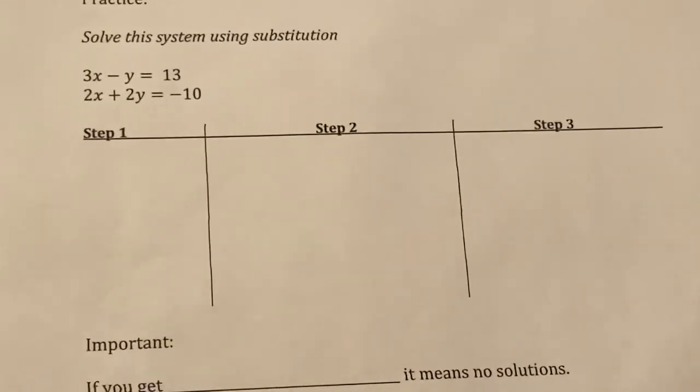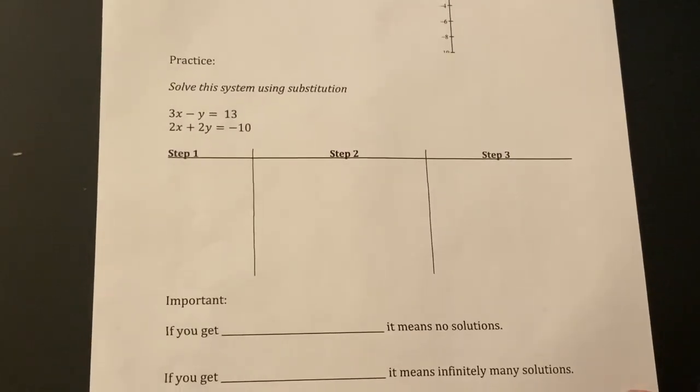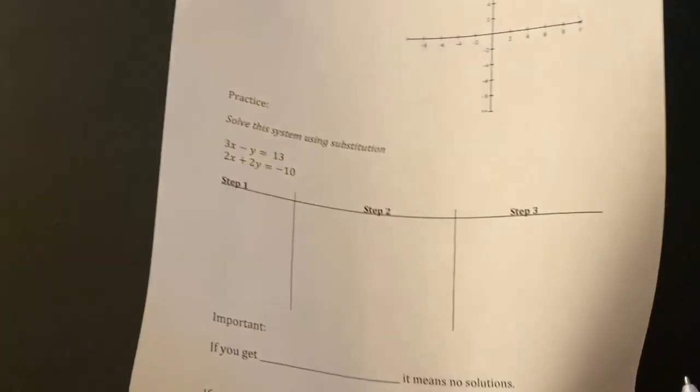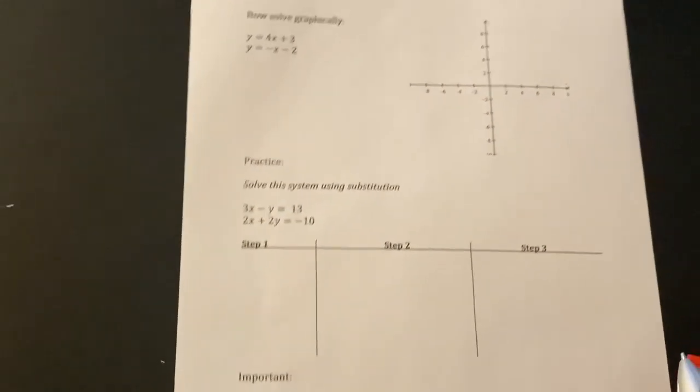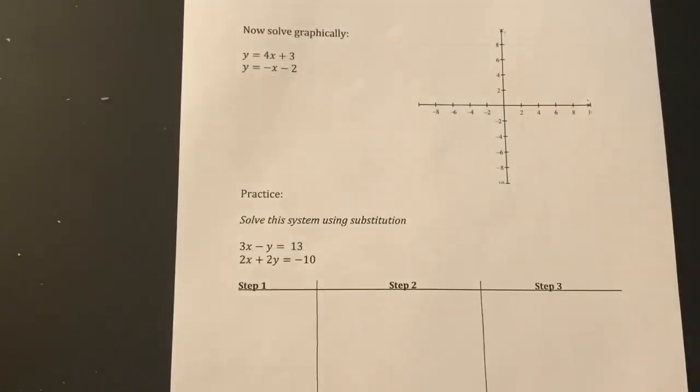Next up. Now we can also solve this graphically by graphing each of the equations individually and figuring out where they intersect, because where they intersect or cross is the solution.